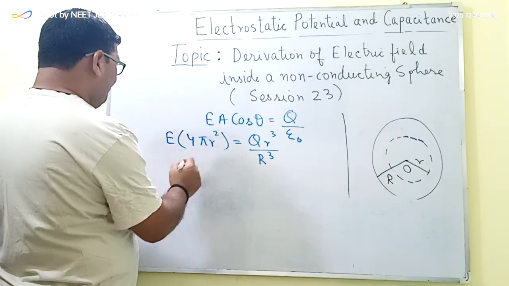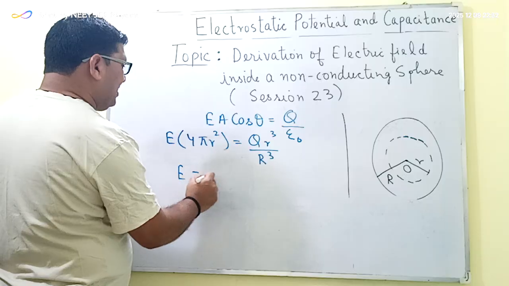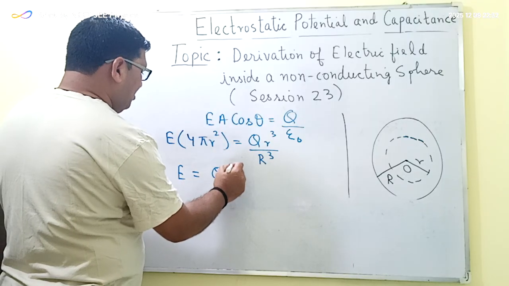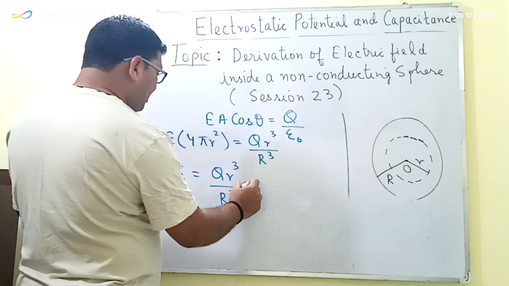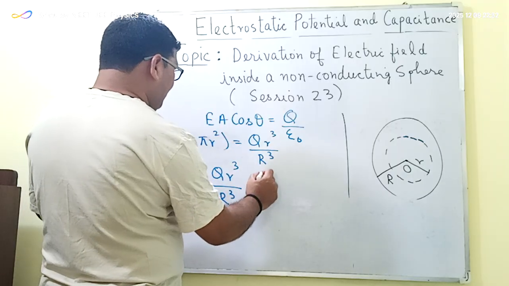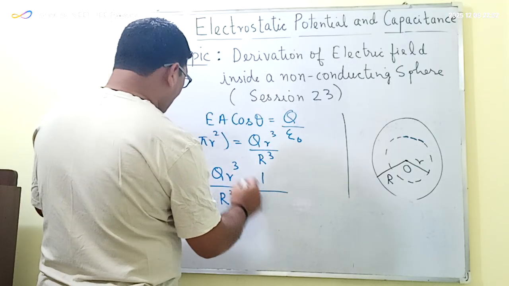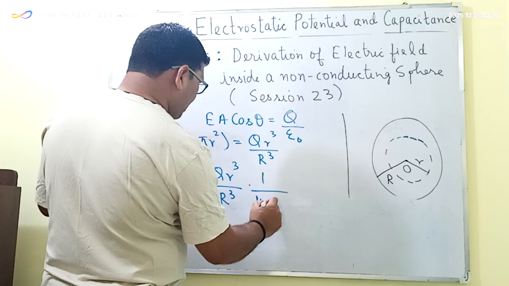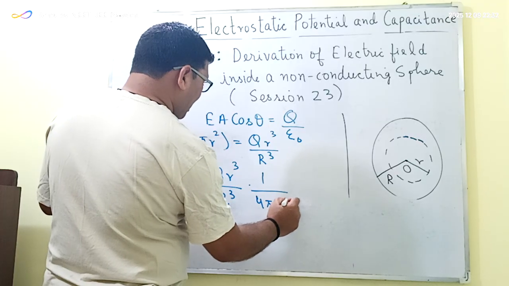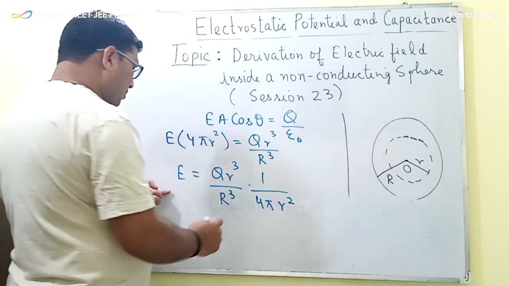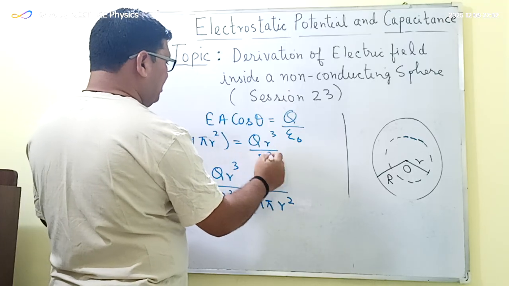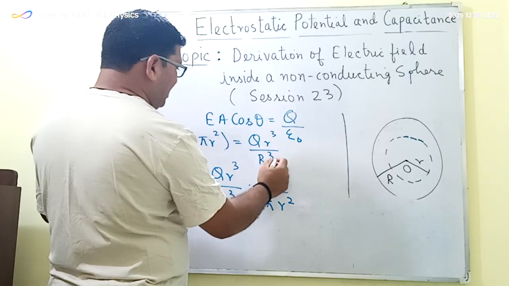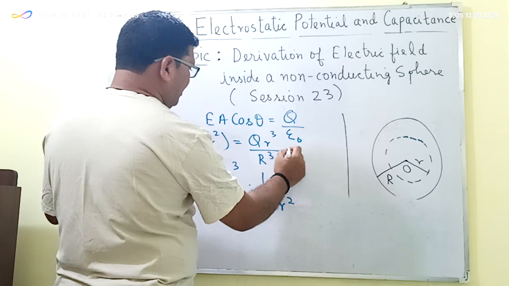From here, the intensity of the electric field E will be equal to Q small r cube divided by capital R cube, divided by 4 pi r square, into epsilon naught.